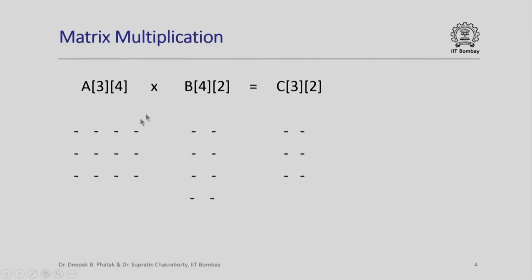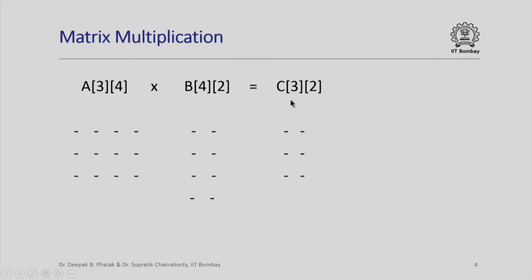First, you will remember that matrix multiplication is actually a slightly involved process. Here is an example of a 3 by 4 matrix A, which is to be multiplied by another matrix B, which is 4 by 2. These matrices are called multiplication compatible matrices when the number of columns in the first matrix is equal to the number of rows in the second matrix.